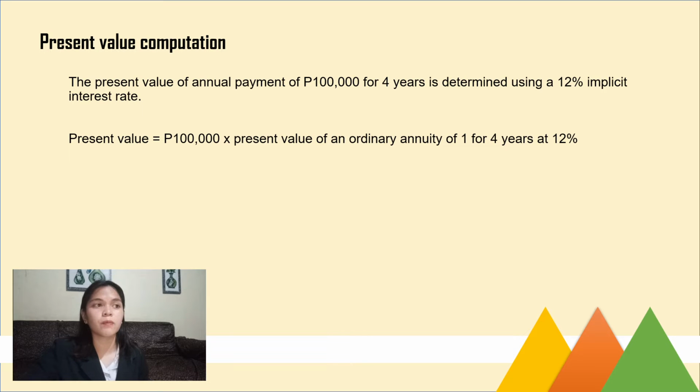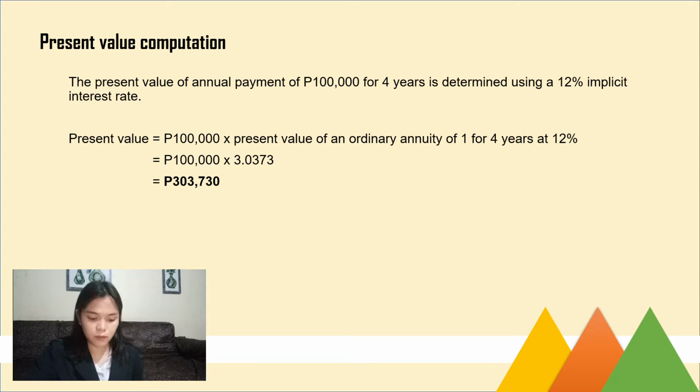So to get the present value, we need to multiply the 100,000 by the present value of an ordinary annuity of 1 for 4 years at 12%. So we have 100,000 multiplied by 3.0373 na nakuha natin from the mathematical table of present value of annuity. So we will get 303,730.